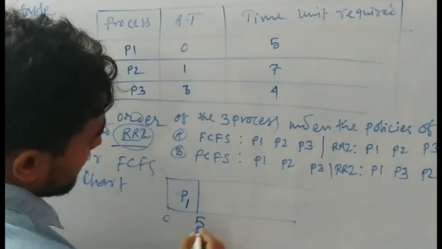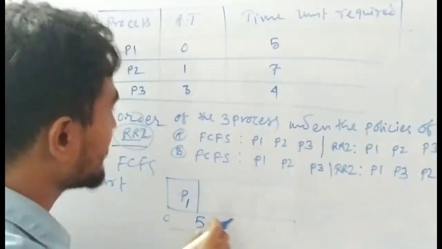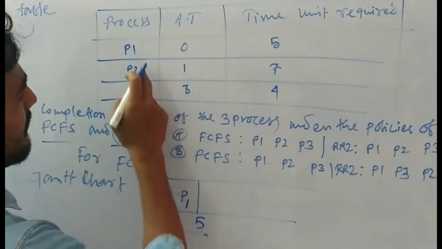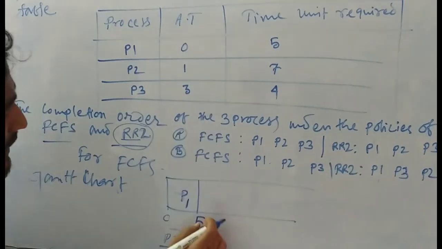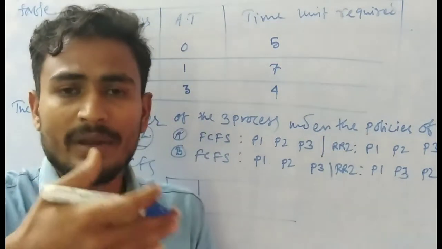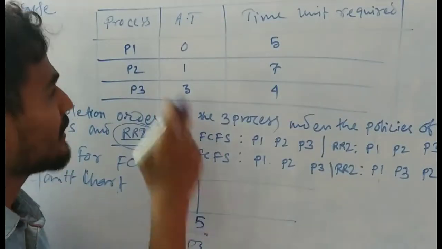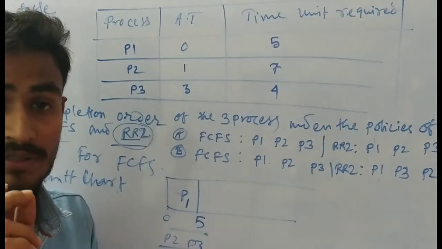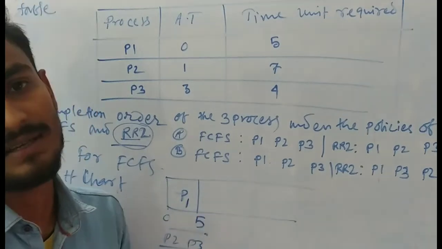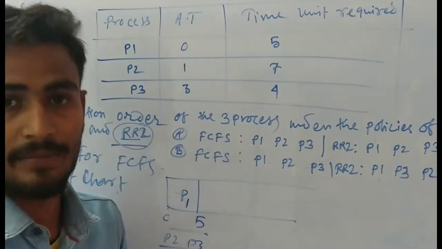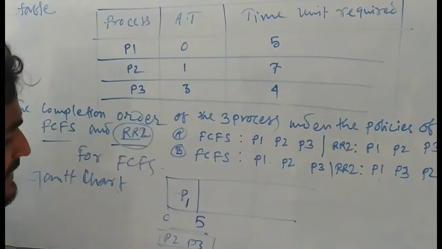Next, from time 0 to 5, how many processes are present at time 5? There are two processes, P2 and P3. At 5 o'clock, how many persons are present in the bank? P2 and P3, because P2 arrived at time 1 and P3 arrived at time 3. So two processes are present at this time.